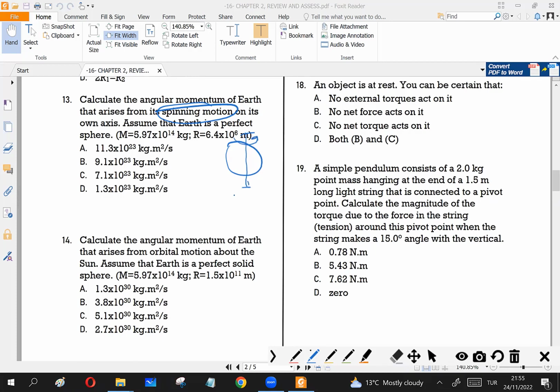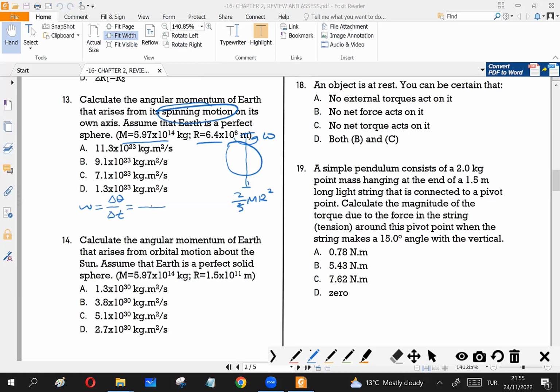Its moment of inertia equation for this planet is 2/5 mr squared. We know m is given, we know r is given, so we can easily calculate moment of inertia. But to calculate angular momentum, we also need to know omega of this rotation. First, we should get omega. We know that omega is equal to delta theta over delta t. We studied this in chapter 1, section 1.